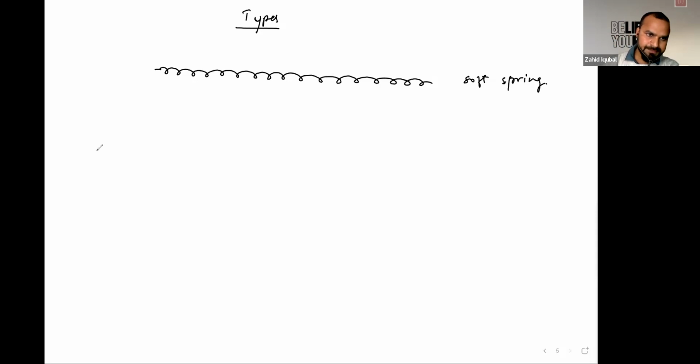In first part, if we hit this particular spring along this direction, so this spring may deform like this. And so on.